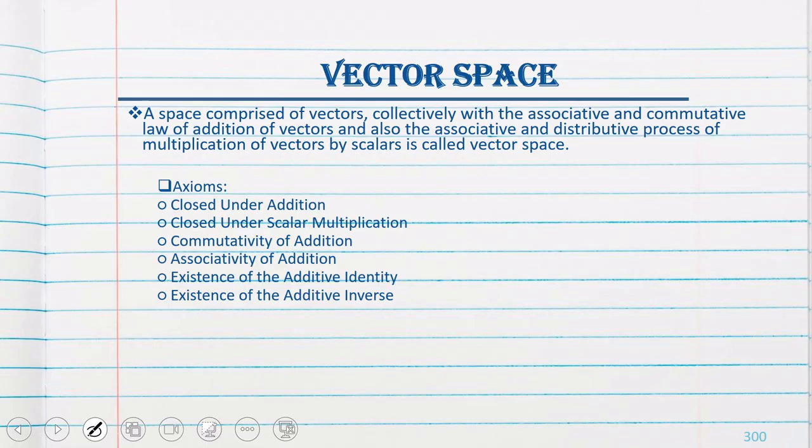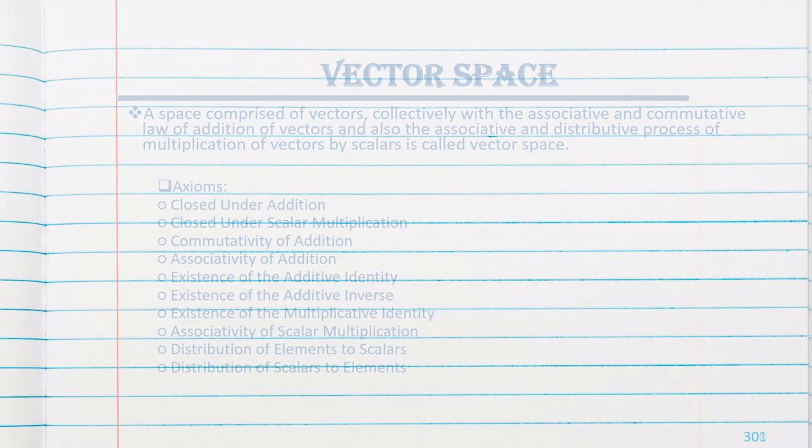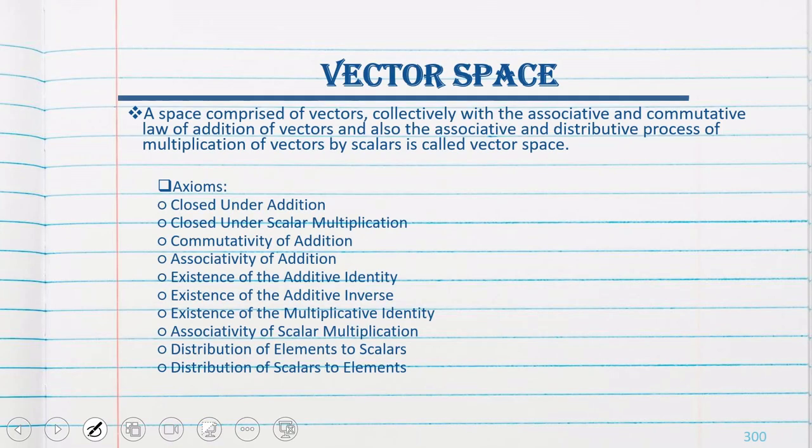So the axioms in vector spaces include: closed under addition, closed under scalar multiplication, commutative property of addition, associative property of addition, existence of additive identity, existence of additive inverse, existence of multiplicative identity, associativity of scalar multiplication, distribution of elements over scalars, and distribution of scalars over elements.